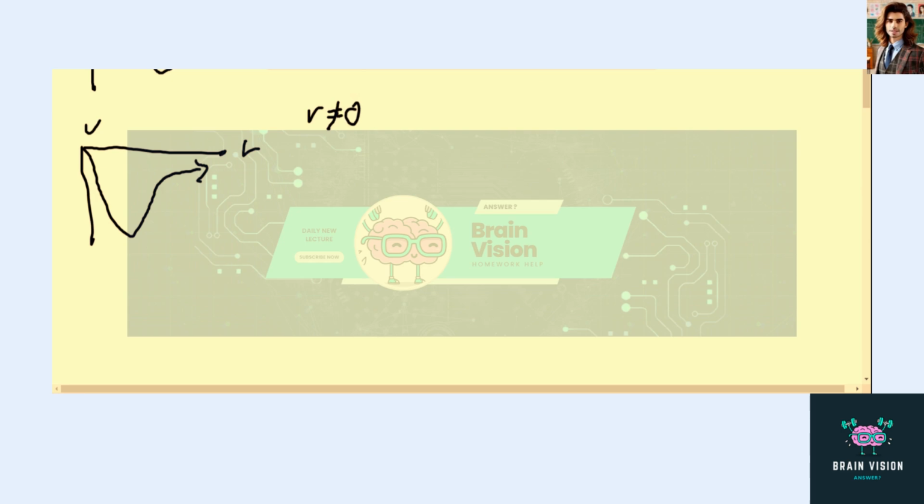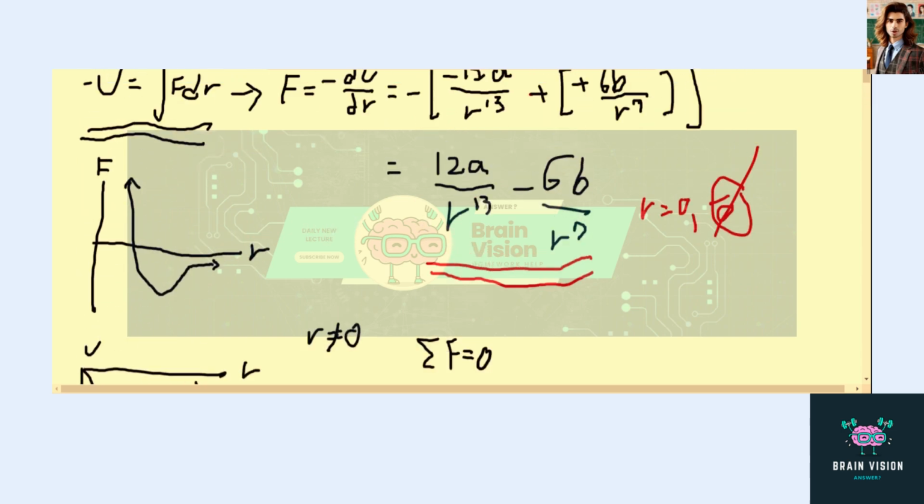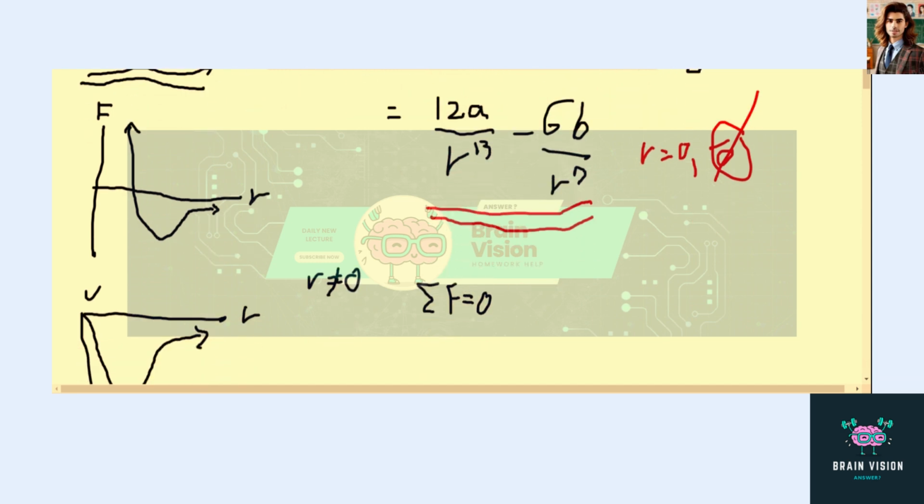The next part of the question asks to find the distance when it is at equilibrium, meaning the net force is equal to 0. Since this force is the only force acting on our particles, we can use that as the net force.